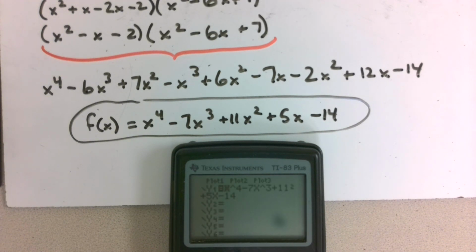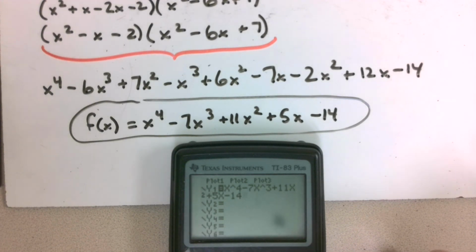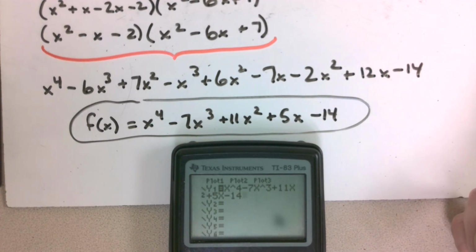X to the 4th minus 7x cubed plus 11, forgot my x, plus 11x squared, there we go, plus 5x minus 14. I could see that my zeros were not lining up with the given on the graph. So when I looked at the graph, I saw that I did not have x-intercepts at 2 or at negative 1. So either my equation here was wrong or I typed it into the calculator wrong.